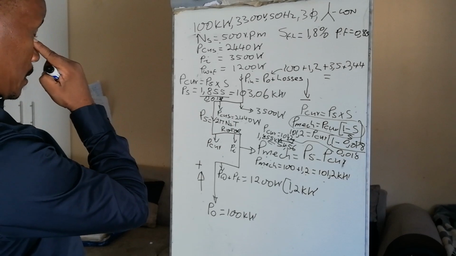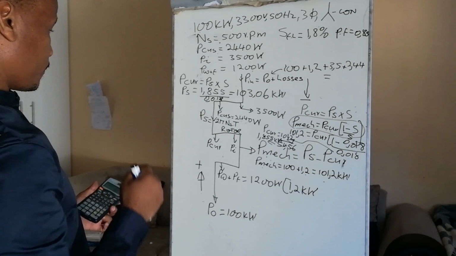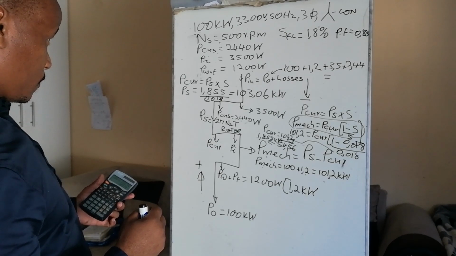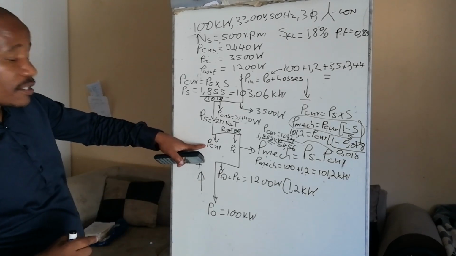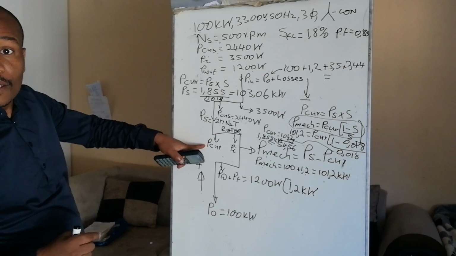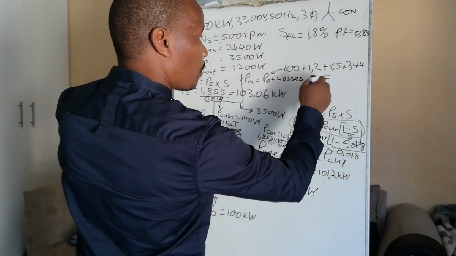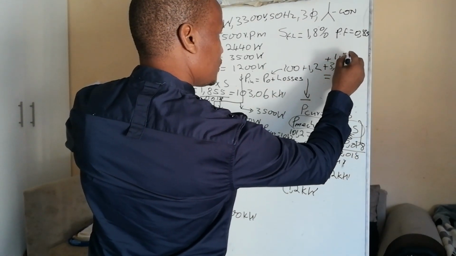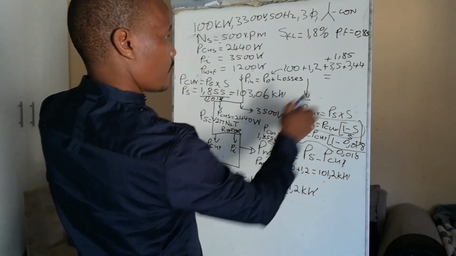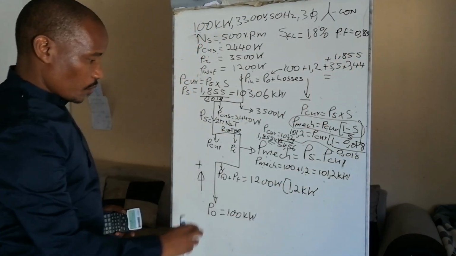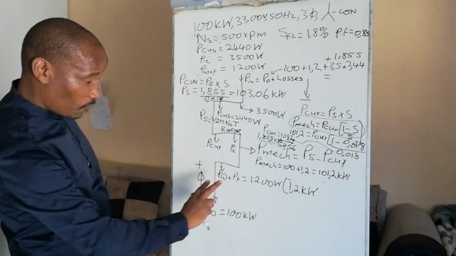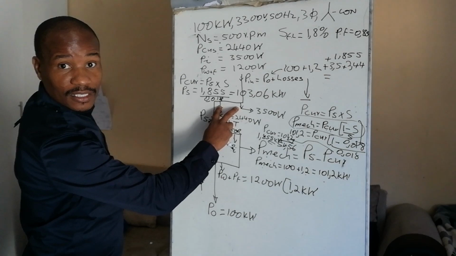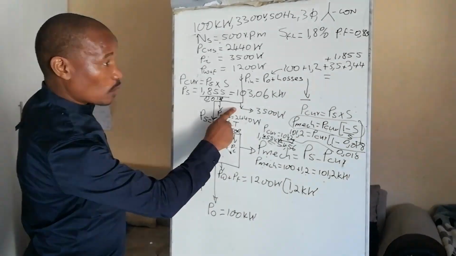Am I missing something? Yes, you are. You are missing the rotor copper losses, plus 1.855. But these ones are constant.